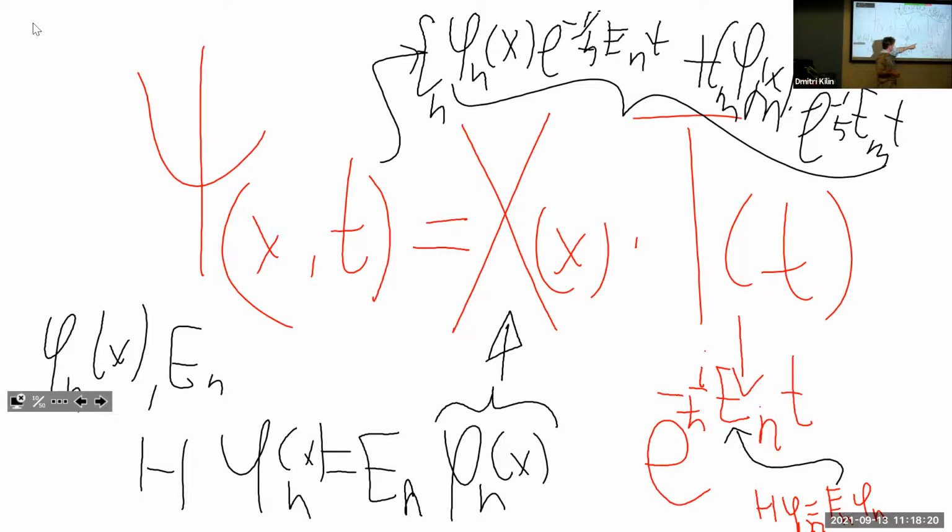So we found that the time dependence is an exponential in time. I don't quite remember if I proved it, or maybe I quickly showed it and we have all forgotten, but in fact, the power in front of this exponential for the time-dependent part is equal to the energy that comes from the Schrödinger equation.